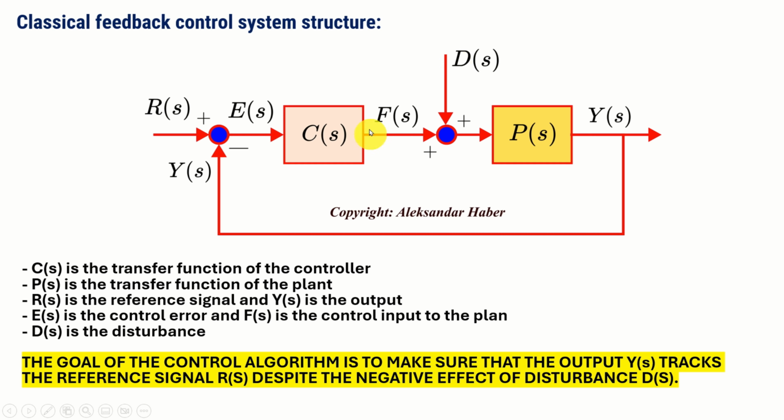The goal of the control algorithm is to make sure that the output Y of S tracks the reference signal R of S despite the negative effect of disturbances D of S. What is often missing in control engineering books is the proper explanation of the disturbances D of S. Namely, usually the authors of popular books will simply run over the disturbances D of S. However, as you will see in this video tutorial, disturbances are very important for proper modeling of control systems.